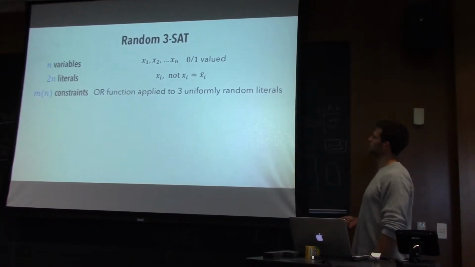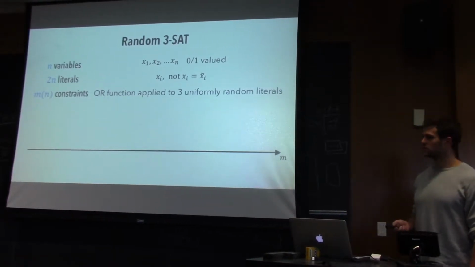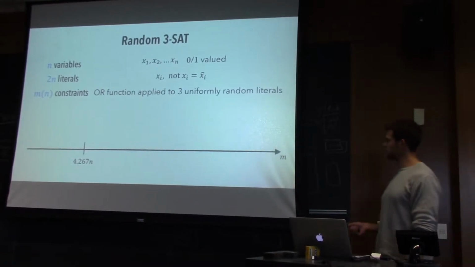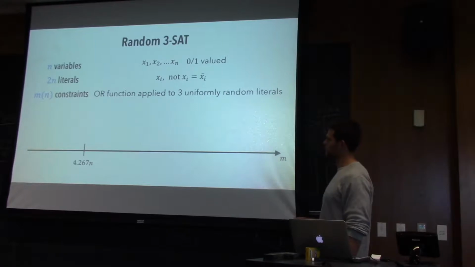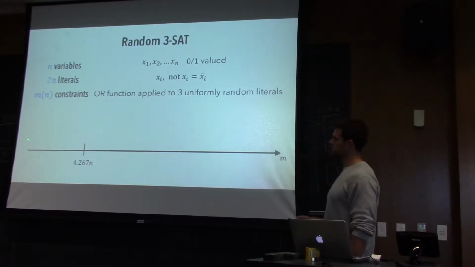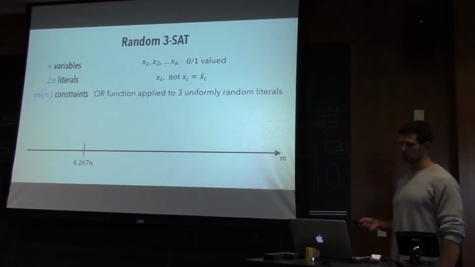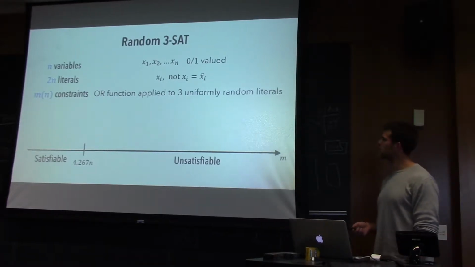What happens as you vary the number of constraints as a function of the number of variables? Well, this is a conjectured value at which, on this side, an instance is satisfiable with high probability, and on this side it's unsatisfiable with high probability. That's a conjecture, but there's a lot of numerical evidence supporting it. This is sort of what the world looks like.